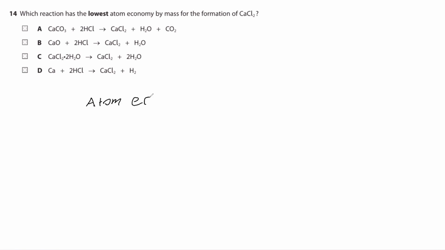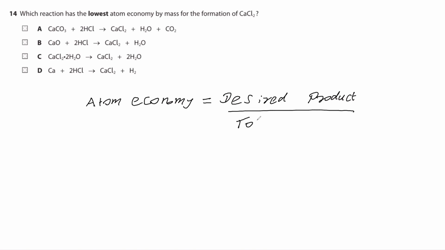Atom economy equals desired product, the product that you want to have, divided by total reactants, into 100. The reaction has the lowest atom economy.